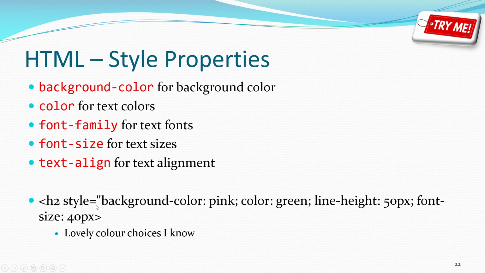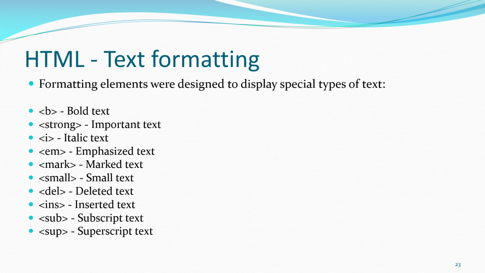So style equals, and then we're setting the background color to pink, the text color to green, line height to 50 pixels, font size 40 pixels, and have a lovely view of that one. Give it a try, have a play, and have a look at what you can affect.